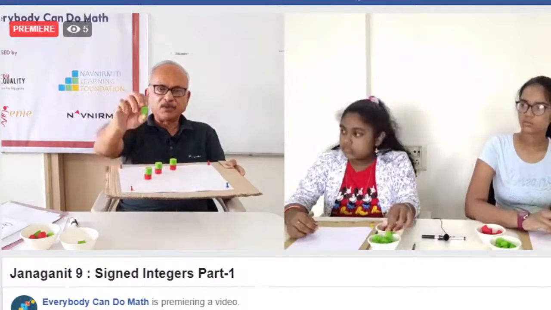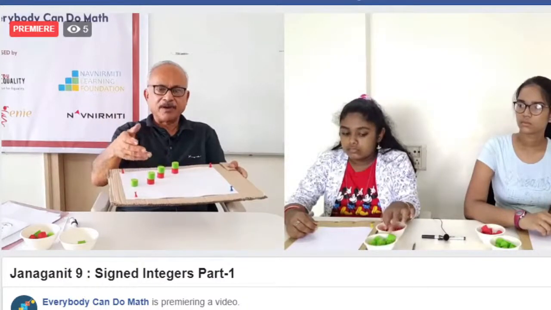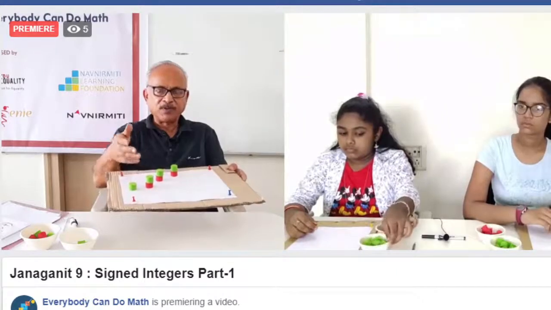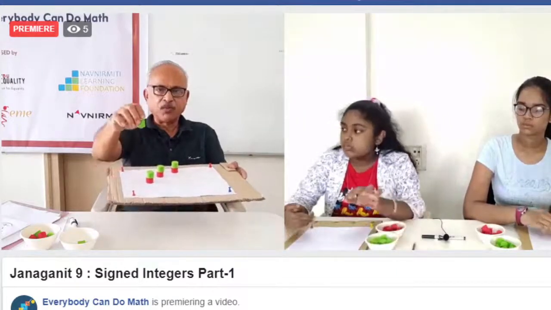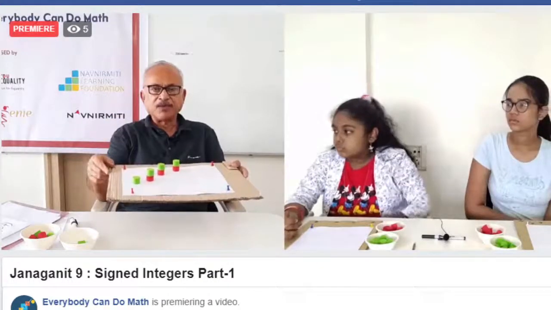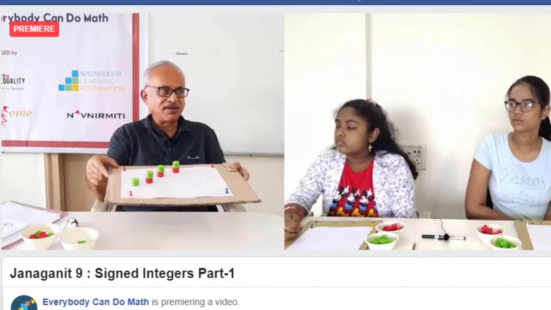This positive, this negative cancel to give you 0. And all that I'm left with is 1 positive. These 3 zeros are just zeros. 1 zero or 2 zeros or 3 zeros, their value is still 0. So the value of my account is 1 positive. Having learned this, now let us go forward.